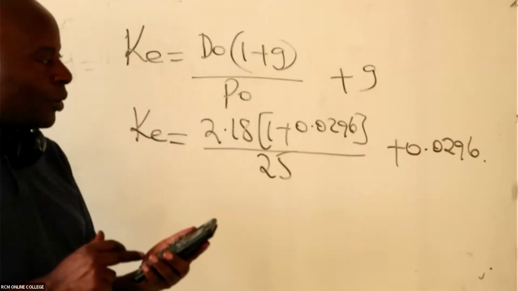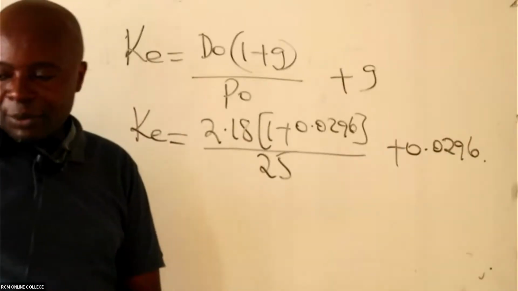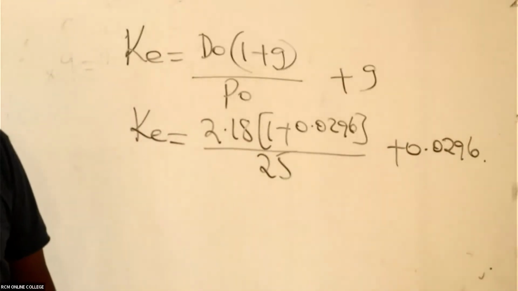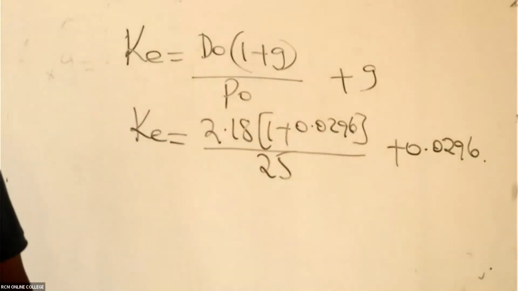Which will end up giving us... is there somebody who is getting, let me first of all hear from you. What are you able to get as your cost of equity?